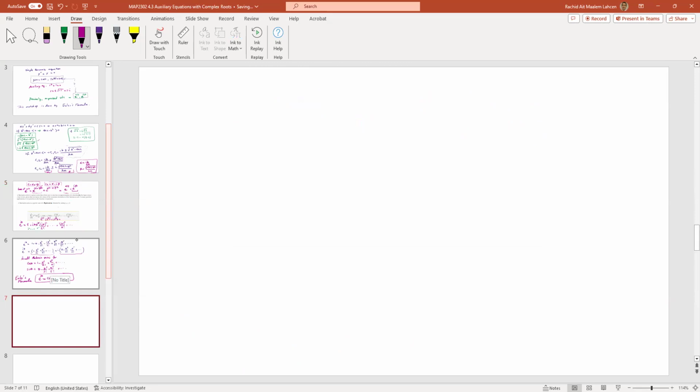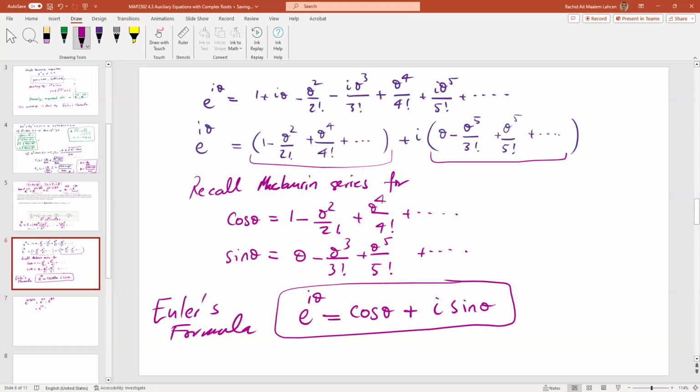If I have something like this exponential with alpha plus i beta times t, which is e to the alpha t times e to the i beta t, so e to the alpha t remains. Now we can rewrite using this.